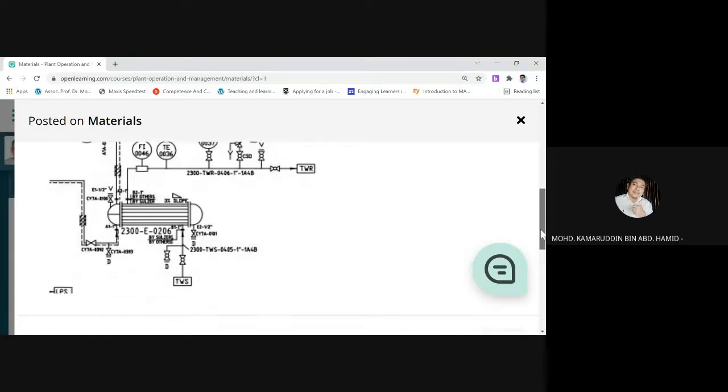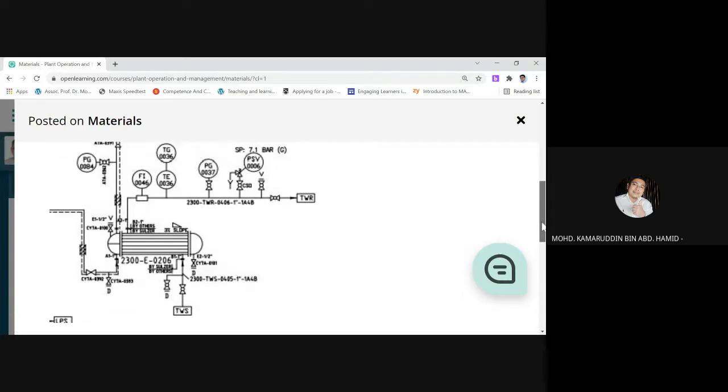Oh, sorry, ada kat bawah. Okay, sorry. Alright, you have that supply, tempered water supply goes to this heat exchanger, and then after that you have a tempered water return. Essentially this is a cooler, and you have a tempered water return. Okay, so in this case, you have a tempered water supply there, and then once you cool it, then your water become hot.